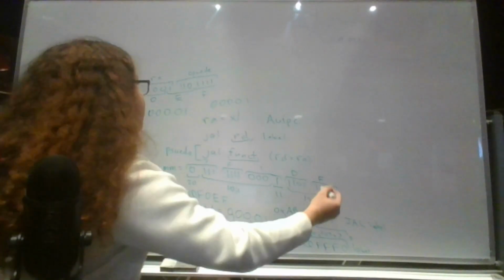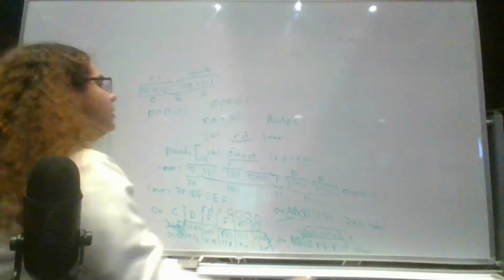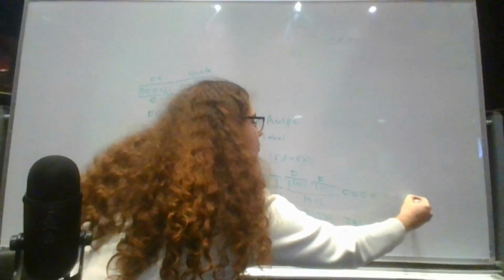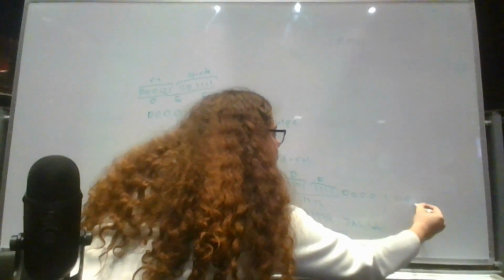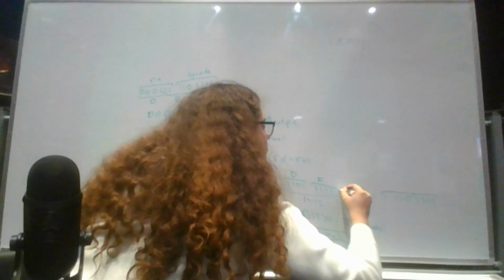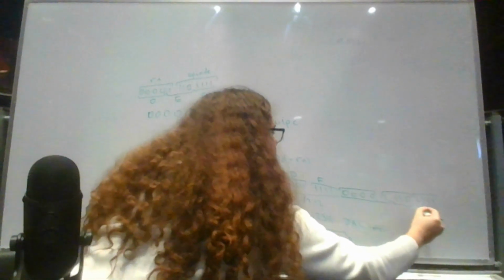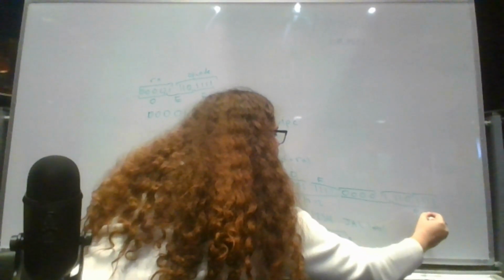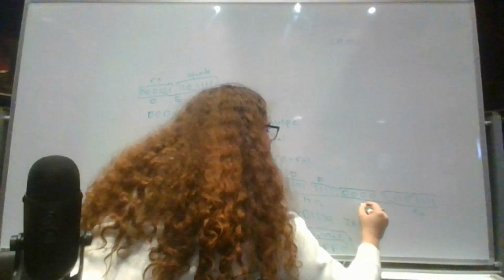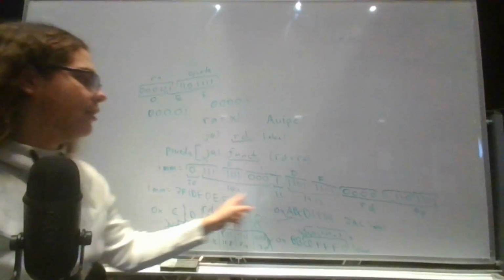So if I was to do the entire field, bit 20, bits 10 to 1, bit 11, bits 19 to 12, that's the entire immediate.